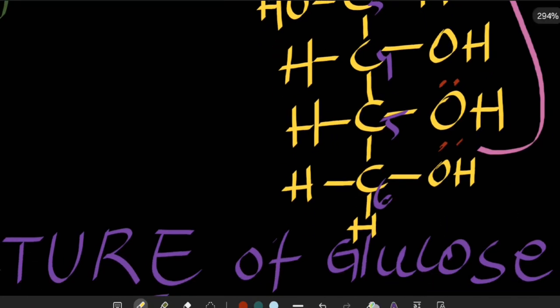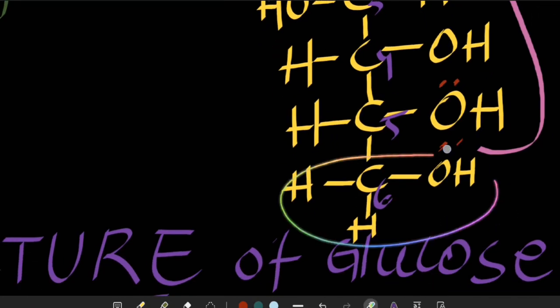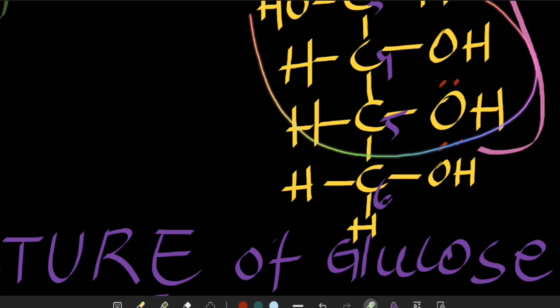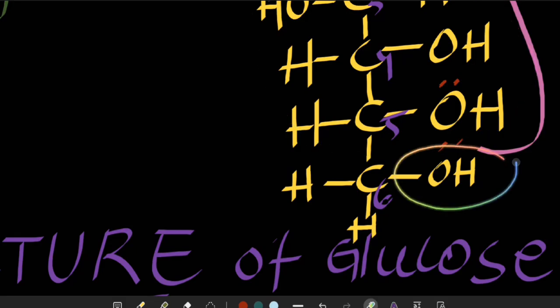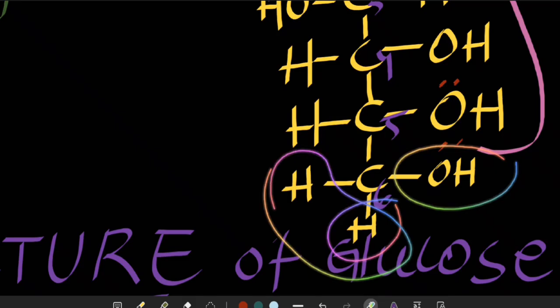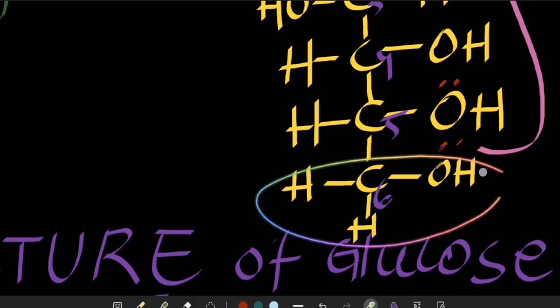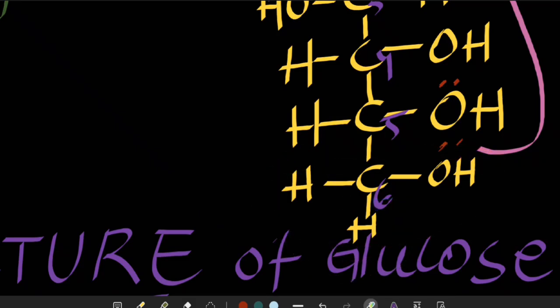So this is not a chiral compound, because if we check the 4 bonds, this is different because all these structures are different from one another. This is different, but this and this are the same. So we cannot consider this as a chiral carbon, right? So this is the last chiral carbon.